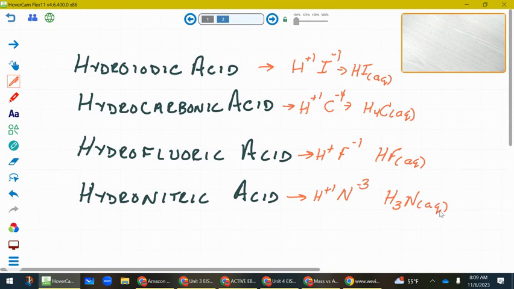Now, here's the other thing, ladies and gentlemen. We technically could use any non-metal except for oxygen and the noble gases to write an acid. But I have never heard of hydrosilicic acid.